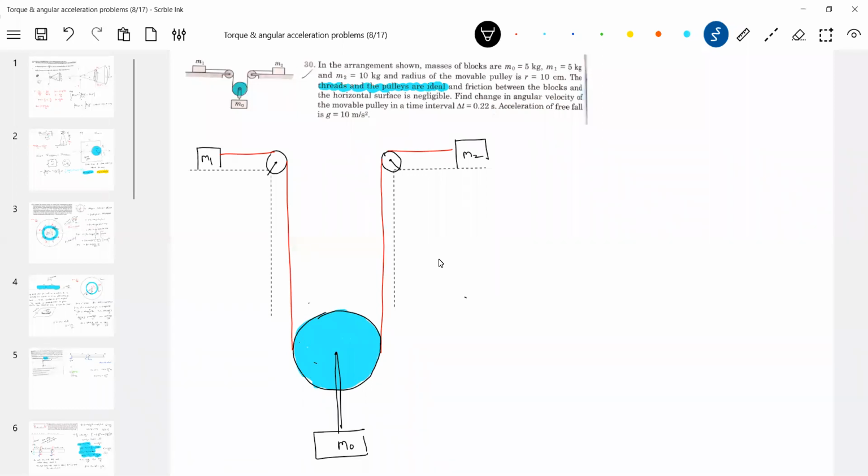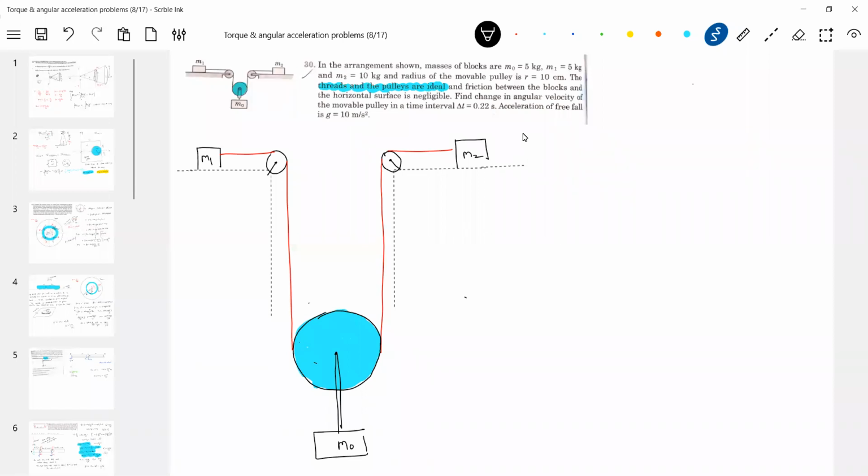So what will happen to the tension on either side? I think we have to go back to some basics, how the mobile pulley works. It's a light pulley.